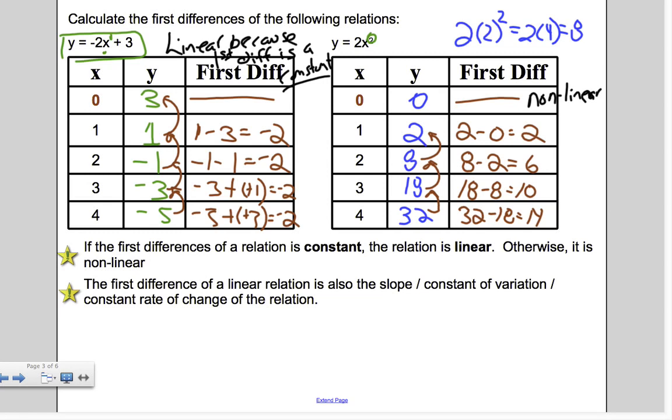We've also called this constant rate of change. So all those four things, constant first difference, slope, constant variation, constant rate of change, all apply to linear relations. All sort of mean the same thing, or tell us the same thing.